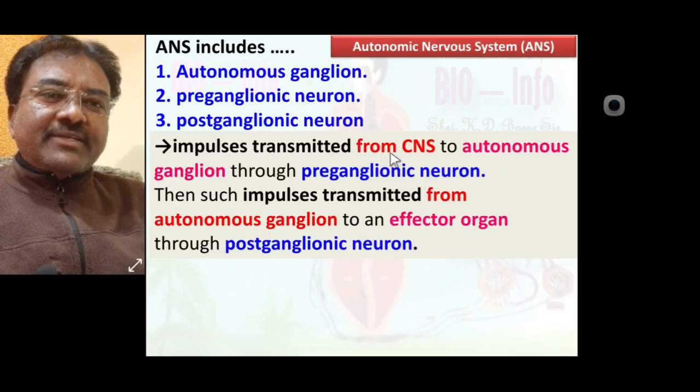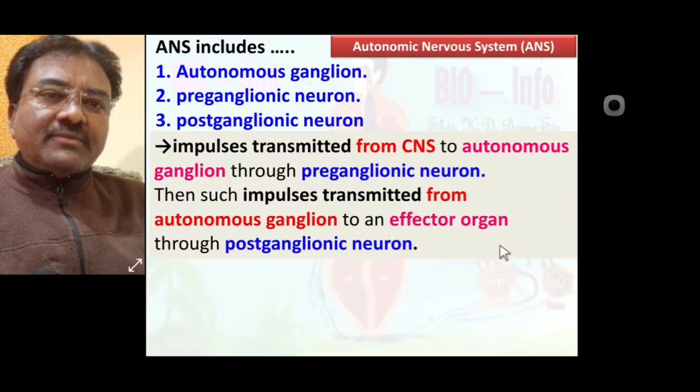Impulses are transmitted from the CNS to the autonomic ganglion through the pre-ganglionic neuron. Then these impulses are transmitted from the autonomic ganglion to an effector organ through the post-ganglionic neuron. Then the effector organ affects a particular activity.